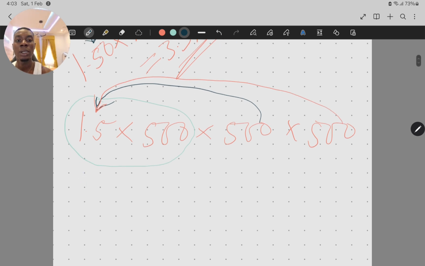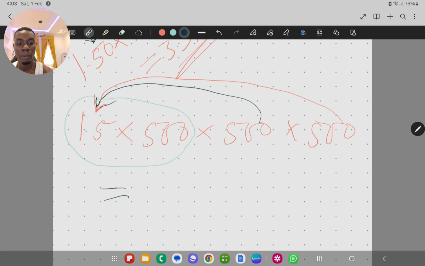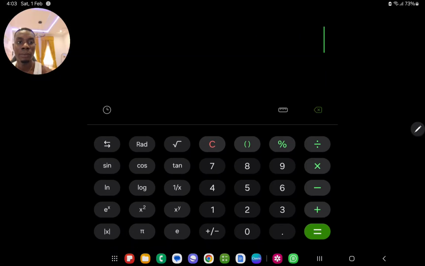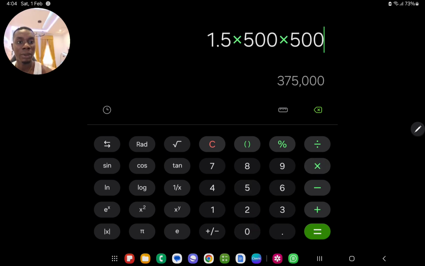Now that you have covered for the 3, it is this multiplication that will determine how much profit you are making in this first one. So here is the thing. If we do this, it's going to give us 1.5 times 500 times 500. Sorry, it's not supposed to be 500, it's supposed to be times 1.5.